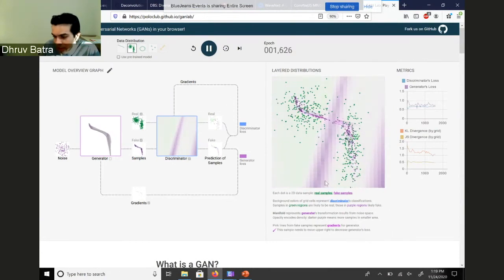And right here we are seeing green as the real samples and purple as the generated samples, and they are being overlaid on this figure. So you can see that over time we are at least capturing most of the mass of the green samples, even though we are unable to capture the full diversity or spread of the green samples.